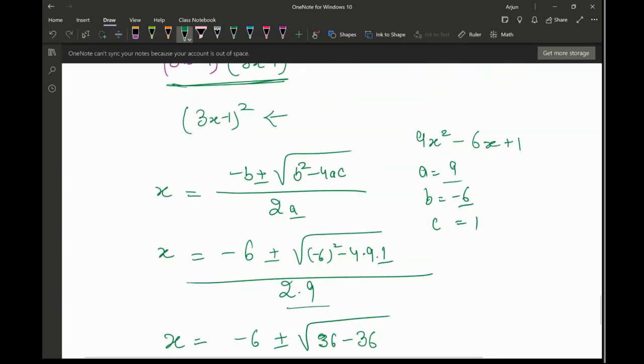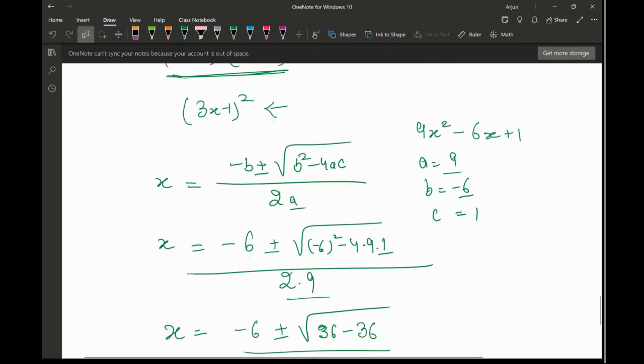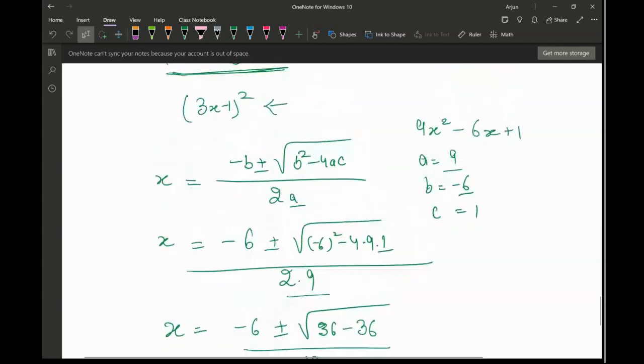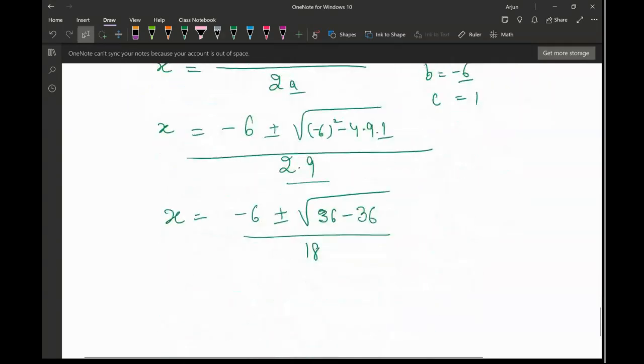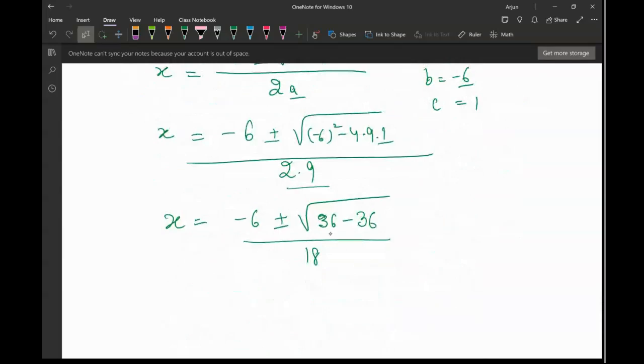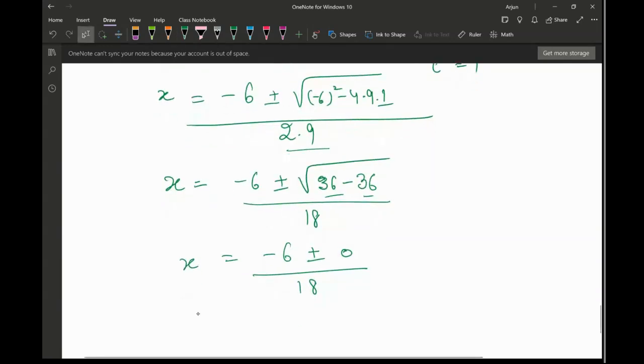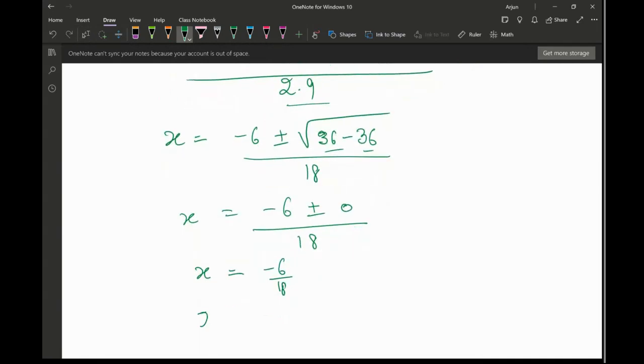Is it 4ac? Yeah, I am not making any mistake here. So this one will become 0. So this will become minus 6 plus minus 0 over 18. So the x value I got is minus 6 over 18, which is x equal to minus 1 over 3.